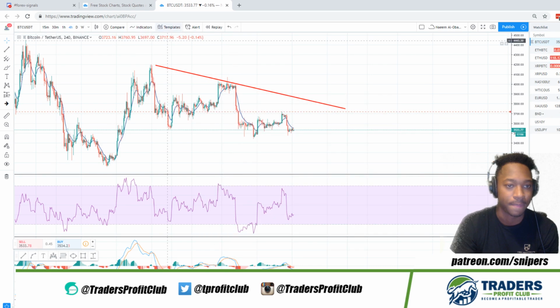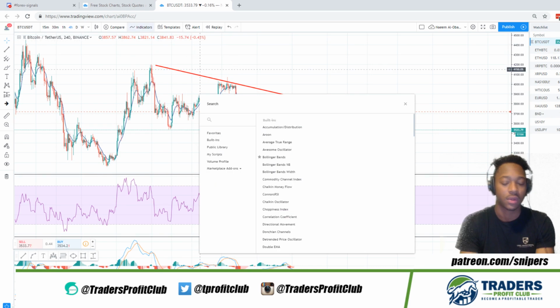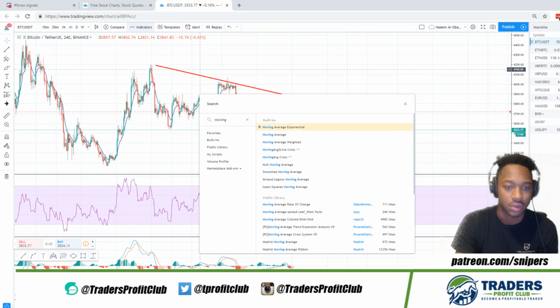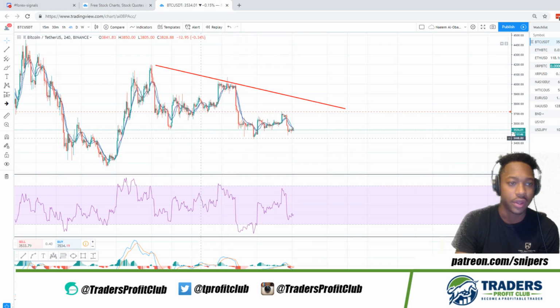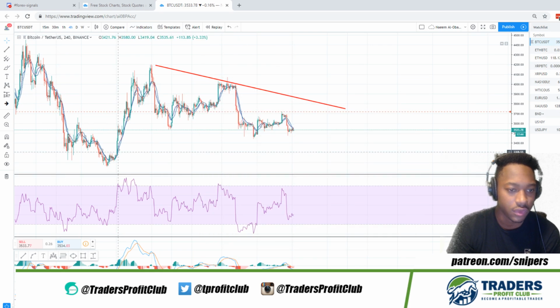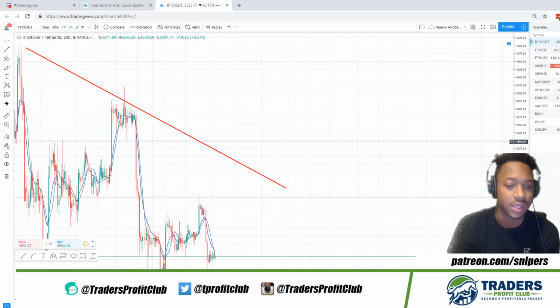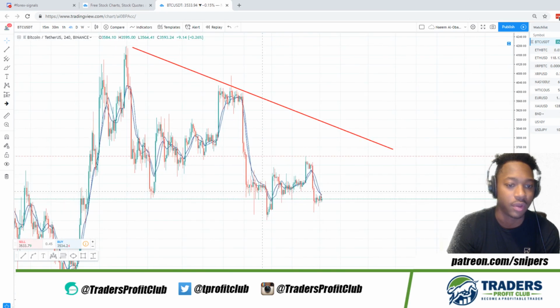Give me 1 second. Oh, it's not letting me do that. Sorry. Oh, there it is. So now we have these moving averages as indicators of where price is going to be for the next couple of days. As we can see, the market has already been trending to the downside.